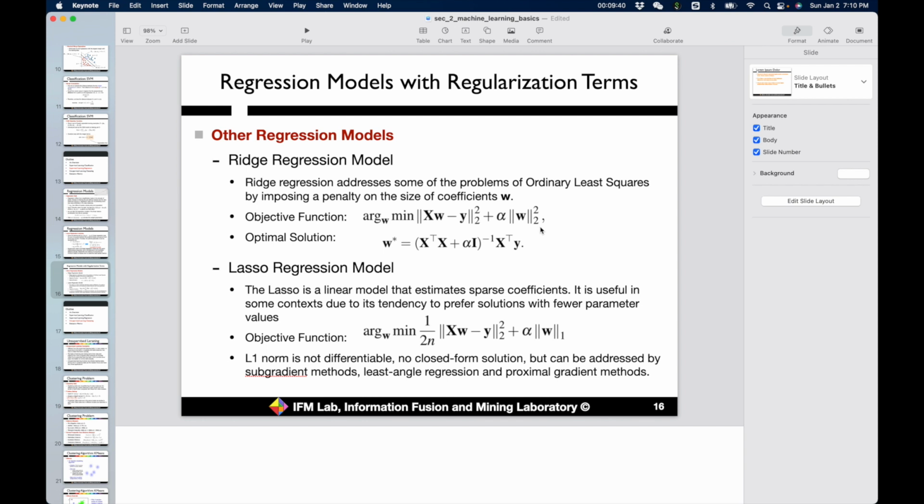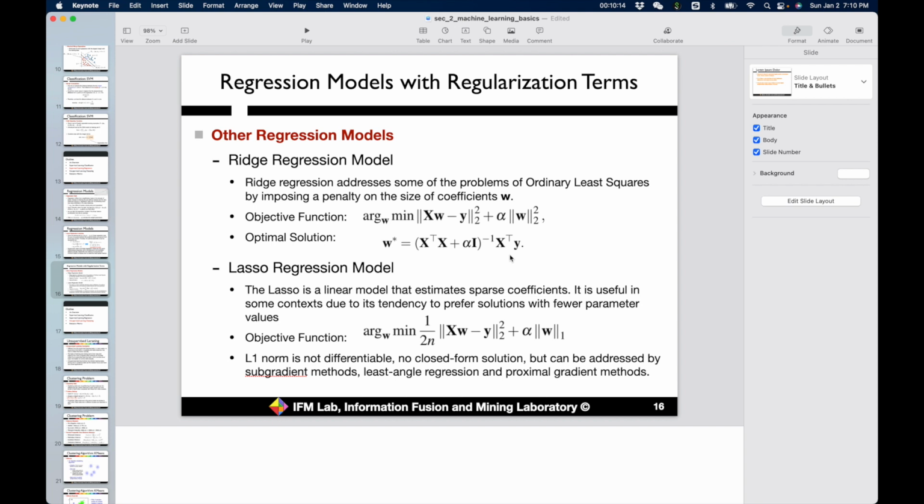So we can define the objective function to be minimizing the loss function as well as the regularization term. For this kind of case, because this regularization term is based on the L2 norm, we can also get an optimal solution for the ridge regression, and we can represent the optimal solution as shown here. If you are interested, you can also derive it by yourself on paper. It will be very straightforward.